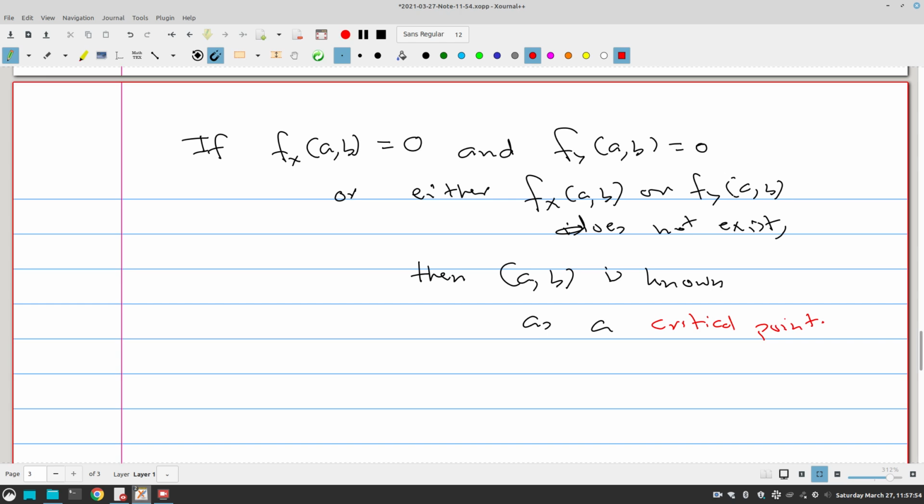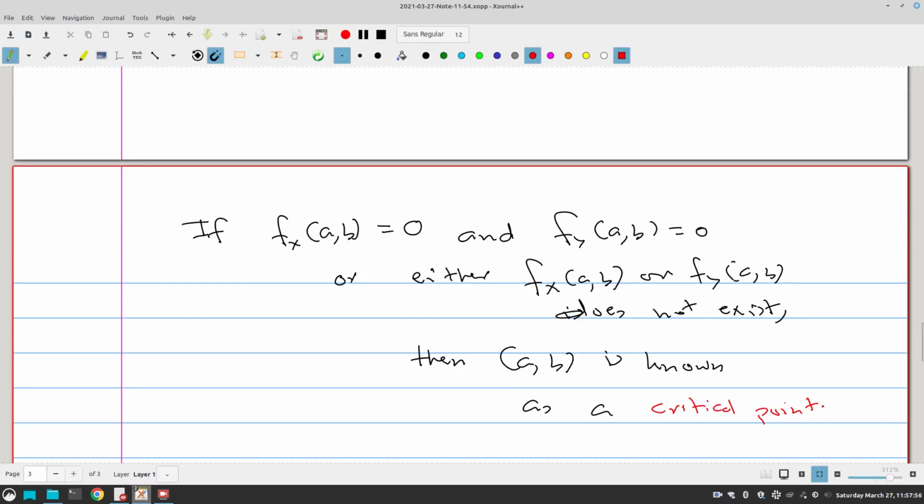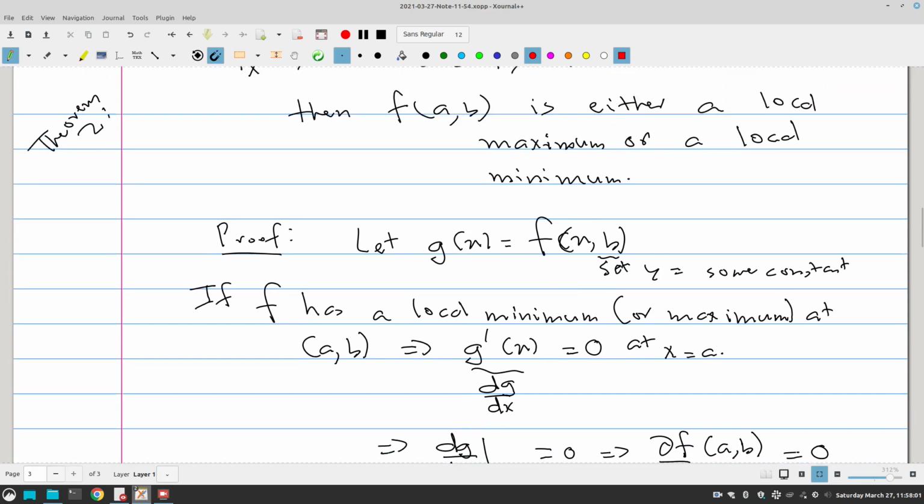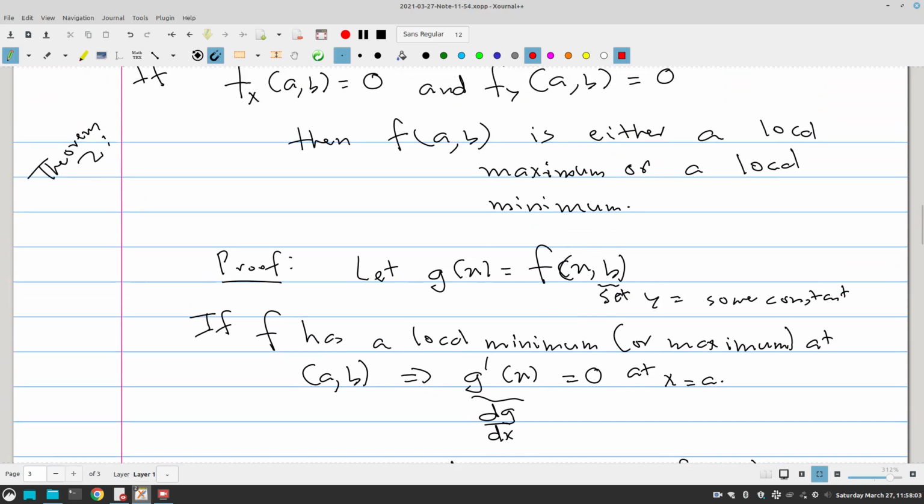Now this is extremely important. What I'm about to say is extremely important. If both partial derivatives are 0, then the point where the partial derivatives are 0 is known as a critical point, right? But just because it's a critical point doesn't necessarily imply that it's going to be a maximum or a minimum.